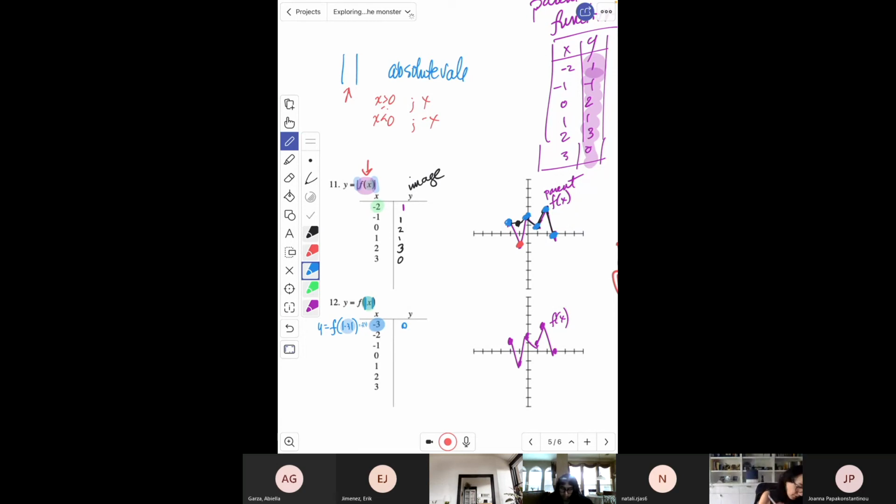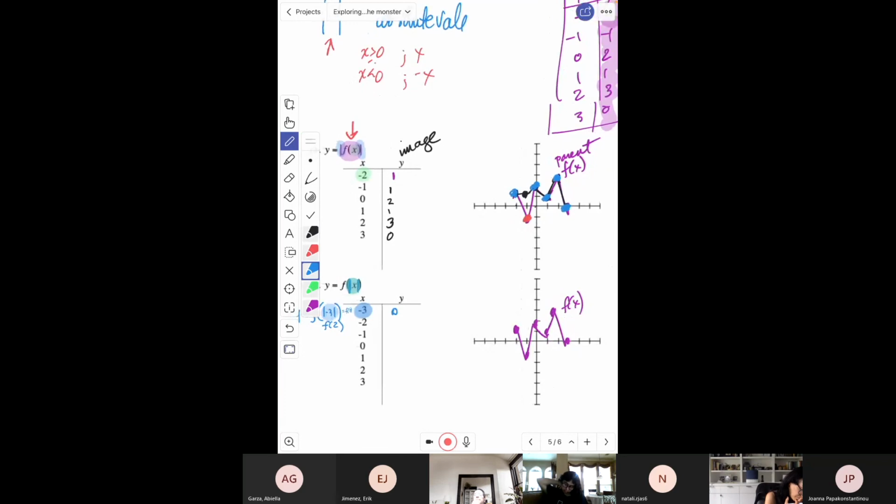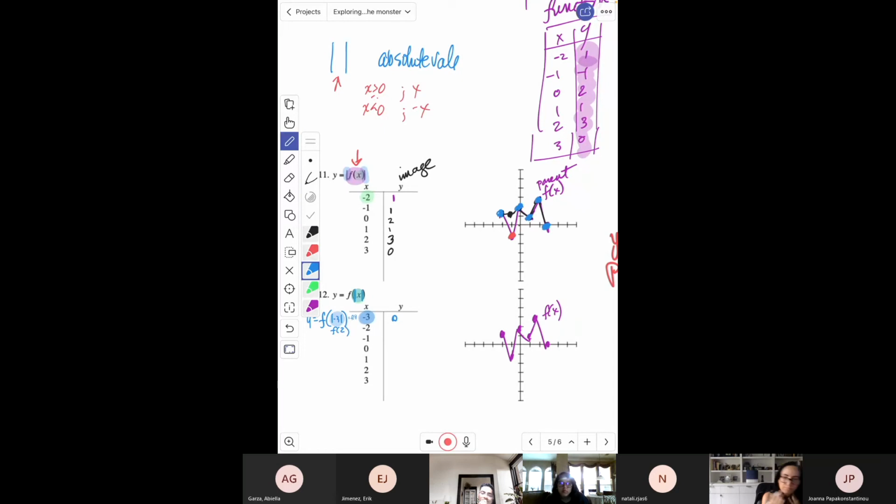Okay. So tell me what the outputs are for number 12. So when x is -2, we're evaluating f at 2. So what's the output? Can somebody tell me? Anybody? Christopher? 3.